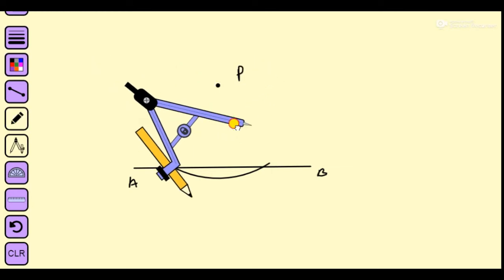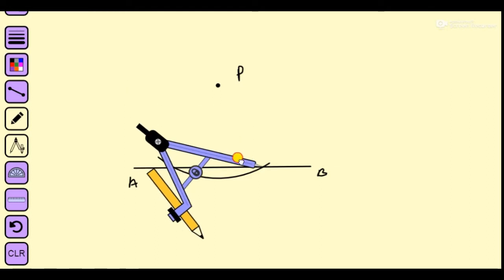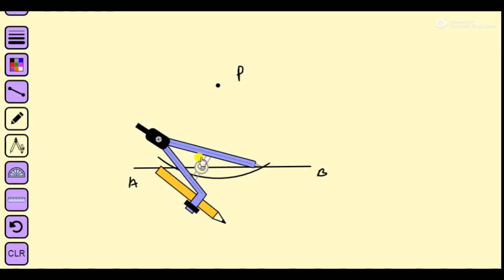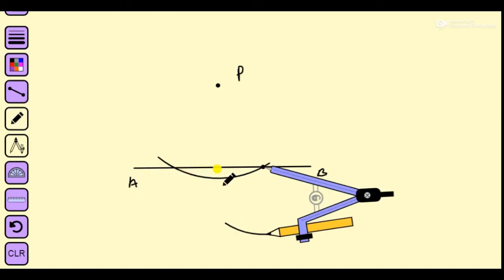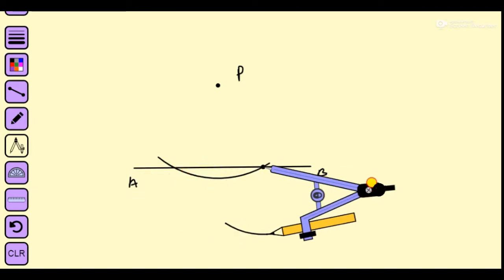Now take this roundel at this point, and decrease the distance somewhat. Like this, and make an arc like this.